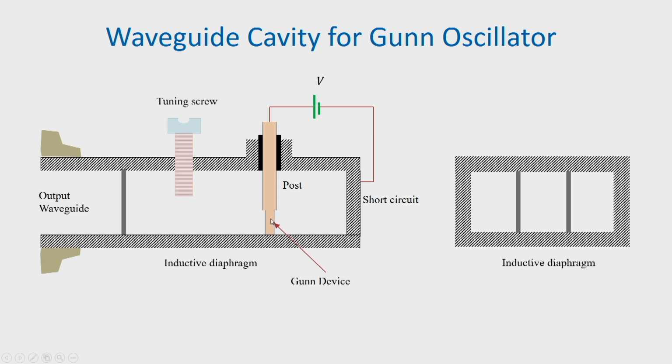So, here we have the Gunn device mounted on a metallic post, and it is enclosed in a cavity.